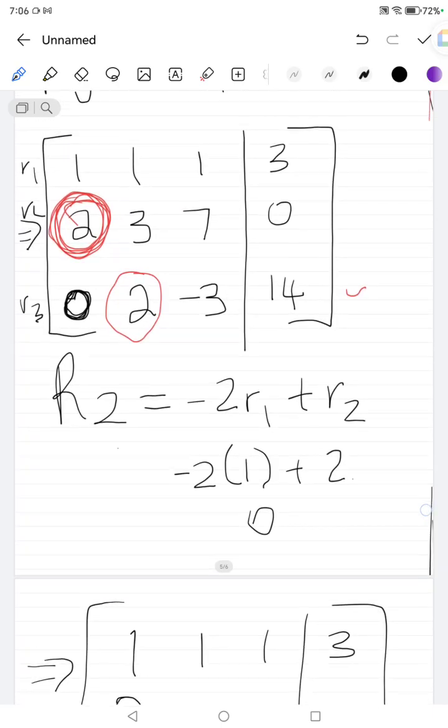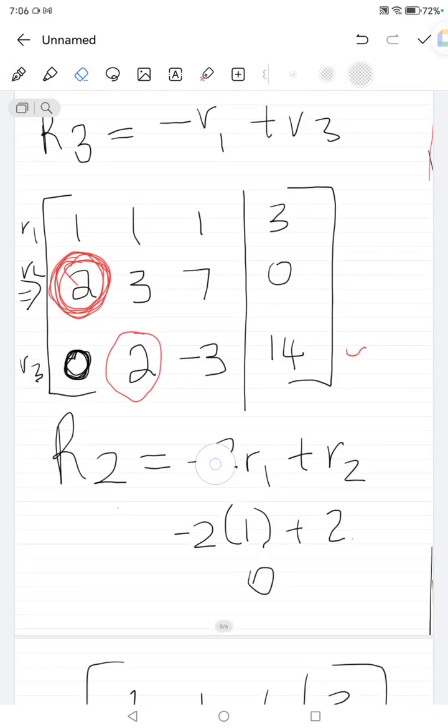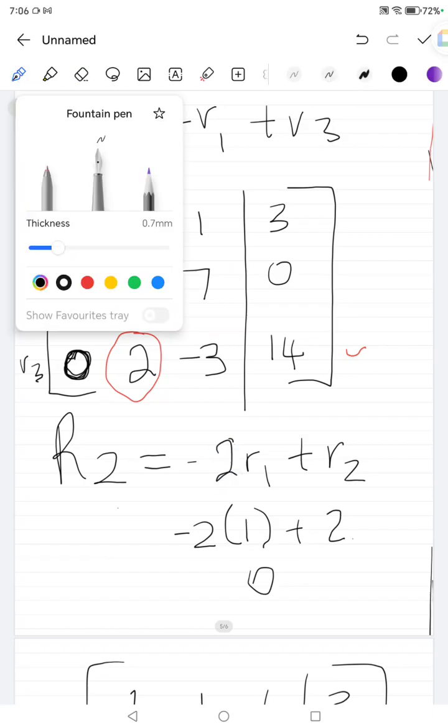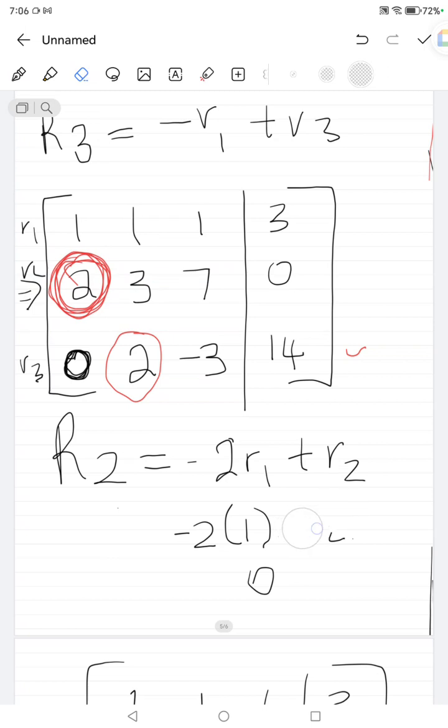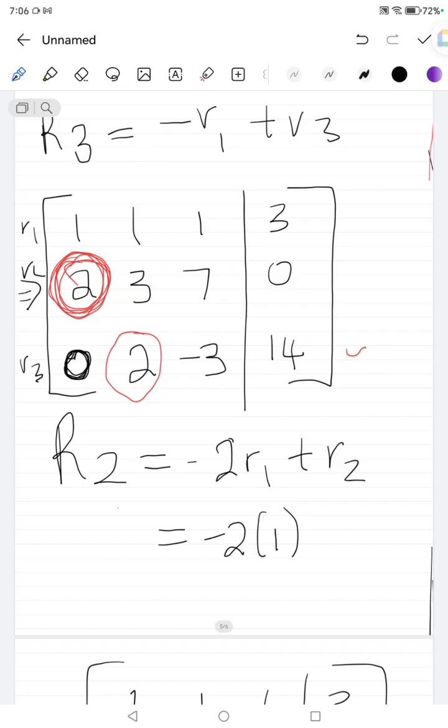Then you're going to have what? Why am I using minus 2 into row 1? I want this thing. Then now you're going to go again and say you have minus 2 into 1 plus 3. Remember from the formula, minus 2 plus 3, then this is going to give you 1.